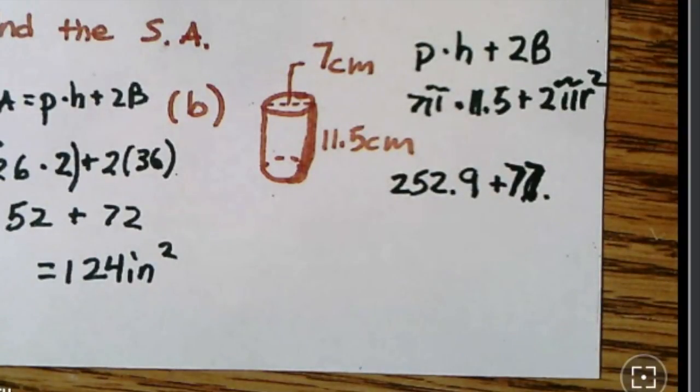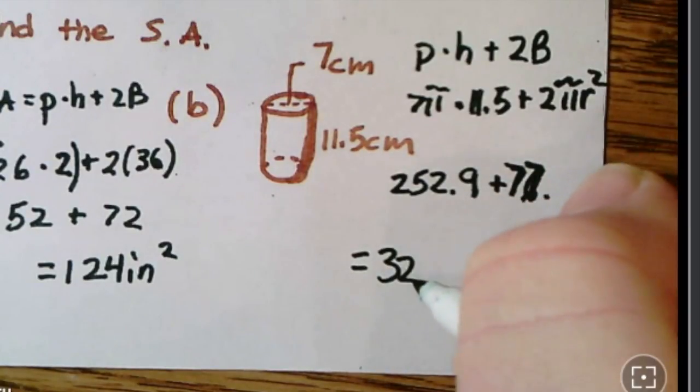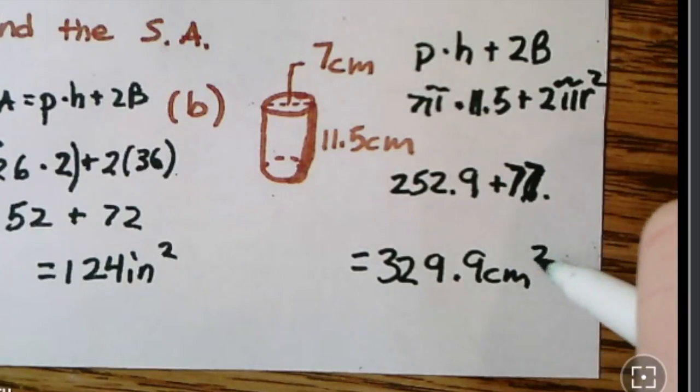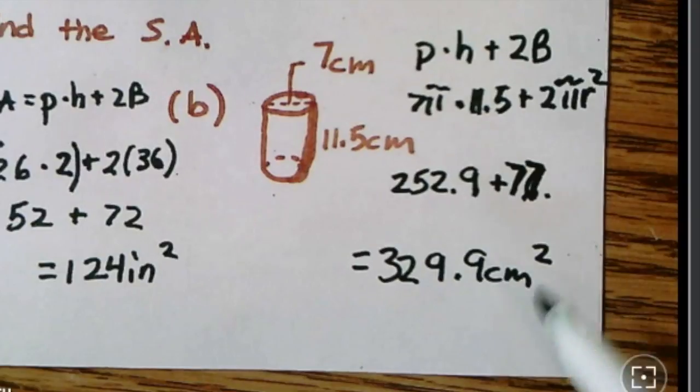Okay, and then my last step is to add those together. So 252.9 plus 77 equals 329.9 centimeters squared.